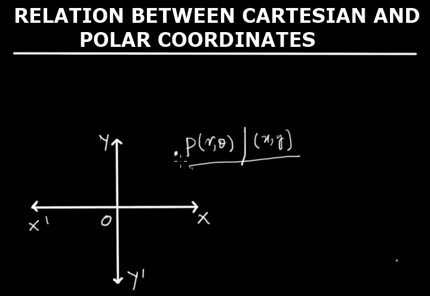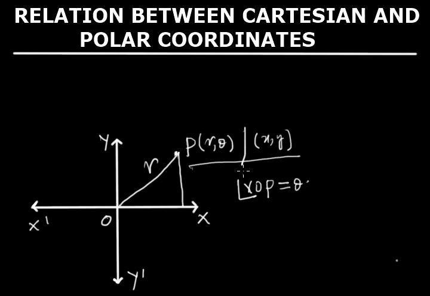So, if P is the coordinate of a point with coordinate r, theta, then we have distance OP equals r and angle XOP equals theta.